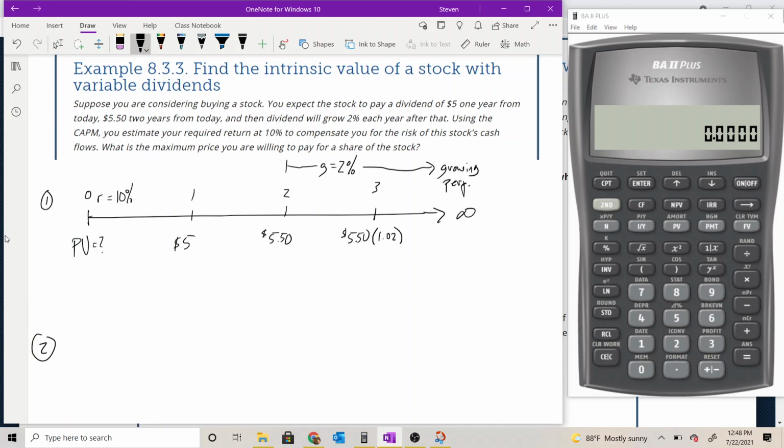So for our dividends, identifying the type of cash flows that we're looking at from time period 0 out to the end of year 2, we're just going to call these lump sum cash flows. All right, this $5 and this $5.50, we're just going to treat them like lump sums. So dividends 1 and 2 are lump sum cash flows.